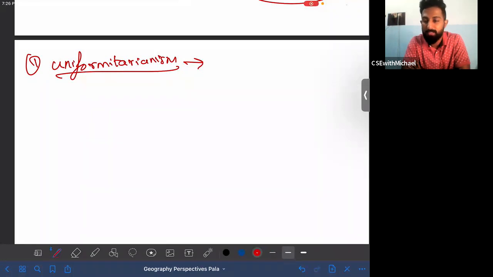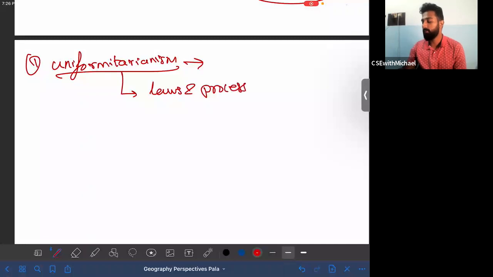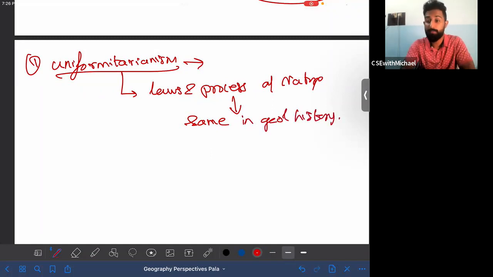The principle of uniformitarianism has been studied in geomorphology. That talks about how the laws and processes of nature are the same, have remained the same, and can be seen in any part of geological history. Only their rates of occurrence change.